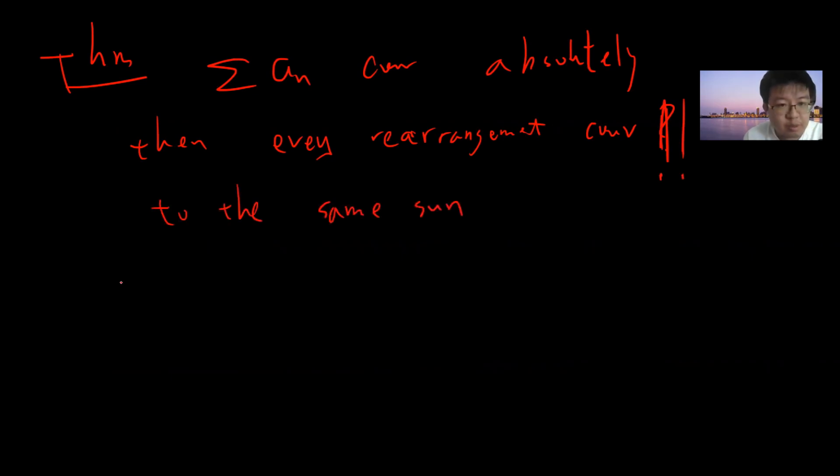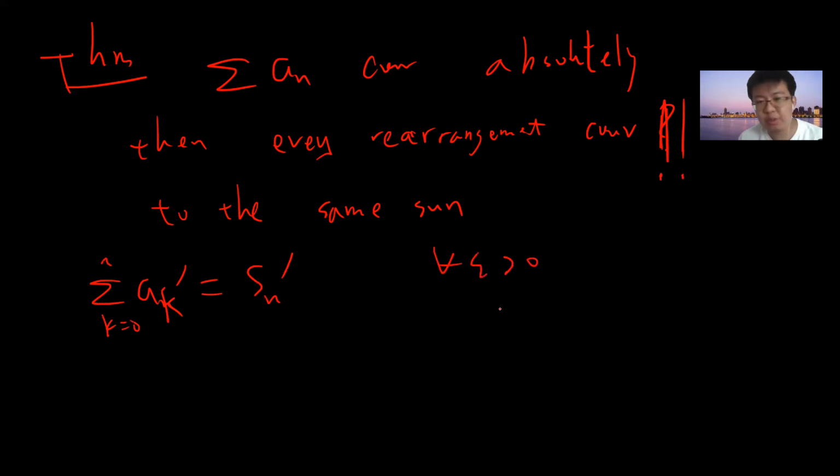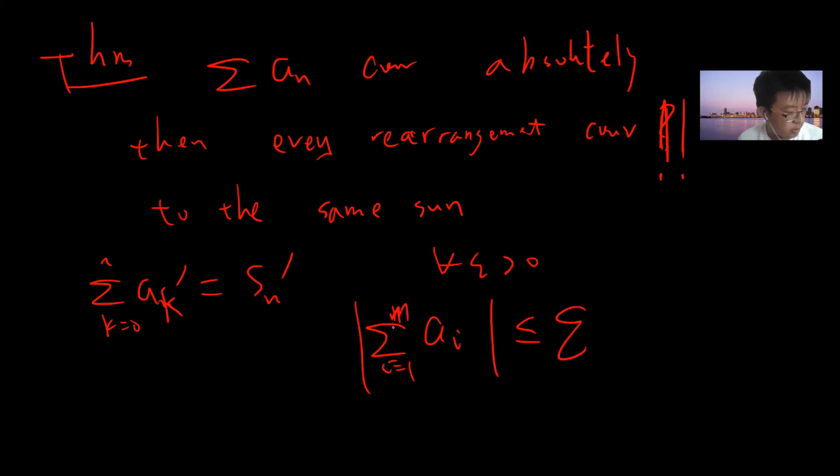Let's suppose sigma n prime is a rearrangement and the partial sum is Sn prime. For all epsilon greater than 0, the partial sum converges, so for the partial sum from i equals 1 to m, if you take the absolute value, it is less than or equal to epsilon.